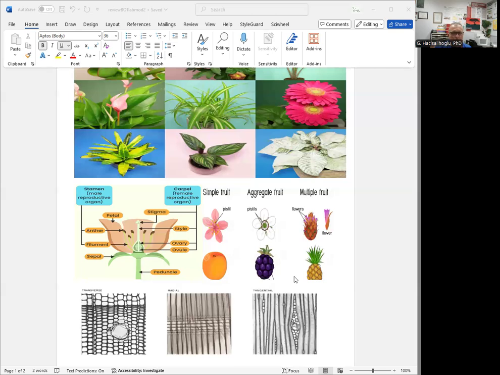Sunflowers are achenes. So these are fruit types. A fruit type can be aggregate fruit, a good example is strawberries. Or it could be multiple fruits. An example is pineapple. Pineapple is a good example of multiple fruits. You can see here in this picture.